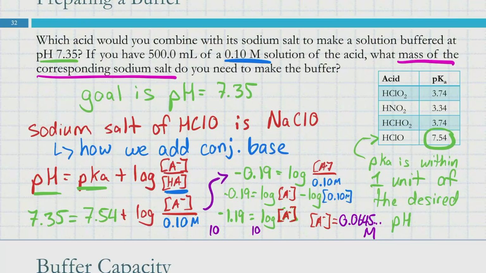If we have more acid, our pH will be lower. If we have more base, our pH will be higher. We got a value of our conjugate base that's less than our concentration of acid, which is 0.1 molar. That means we've got more acid than base, so we would expect our pH to be lower. So this fits with what we might expect.